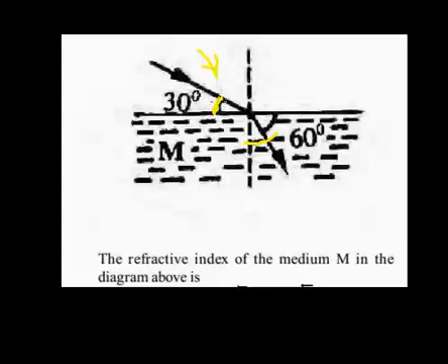Remember, the actual angle of incidence here is going to be 90 minus the glancing angle, so the angle of incidence is 60. The same thing happens with the angle of refraction, because the refraction glancing angle is given, which is 60, so the angle of refraction here is 30.